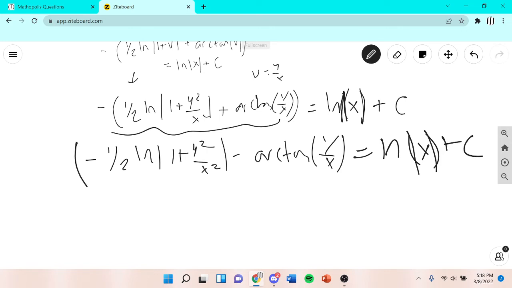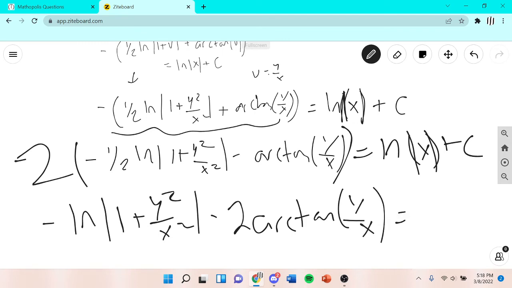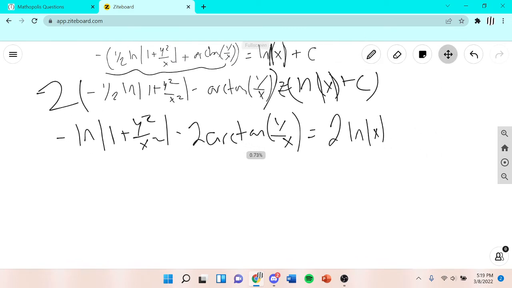I'm going to times this side by just 2. So you're going to get negative ln 1 plus y squared over x squared minus 2 arctan y over x equal to, you have to times 2 on this side as well, so that's going to be 2 ln of x plus, well, 2c is the same thing as c, so we don't really need to look at that.